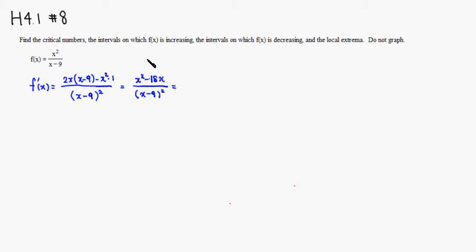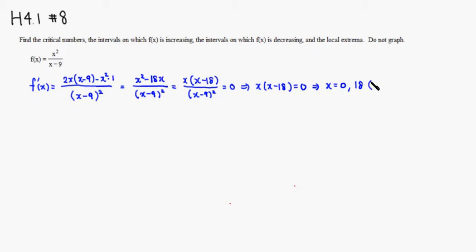So this is equal to, I'm going to factor out x, we get x times (x minus 18) all over (x minus 9) squared, and set that equal to 0. I'm going to set the numerator equal to 0, and we have a critical number, x equals 0. Setting the other factor equal to 0, we get 18.